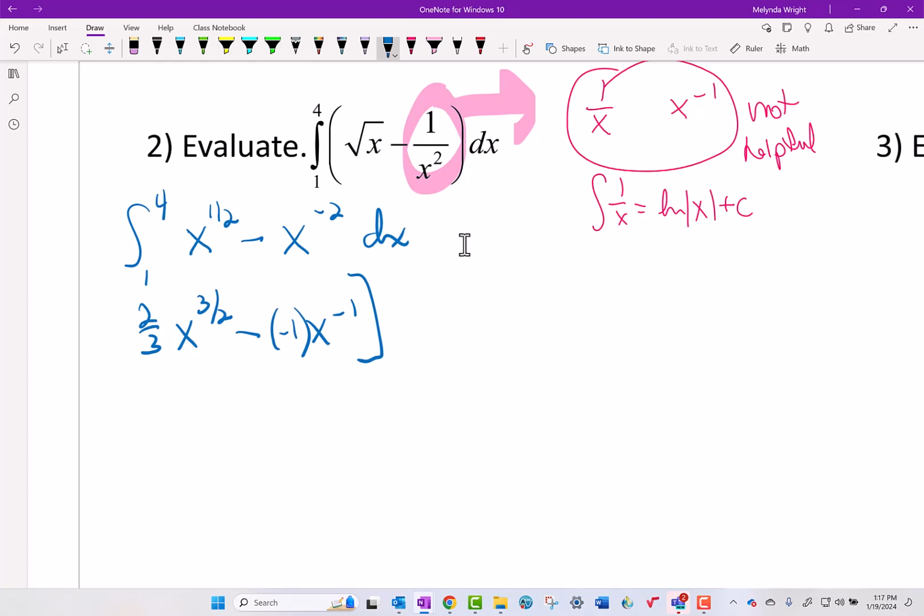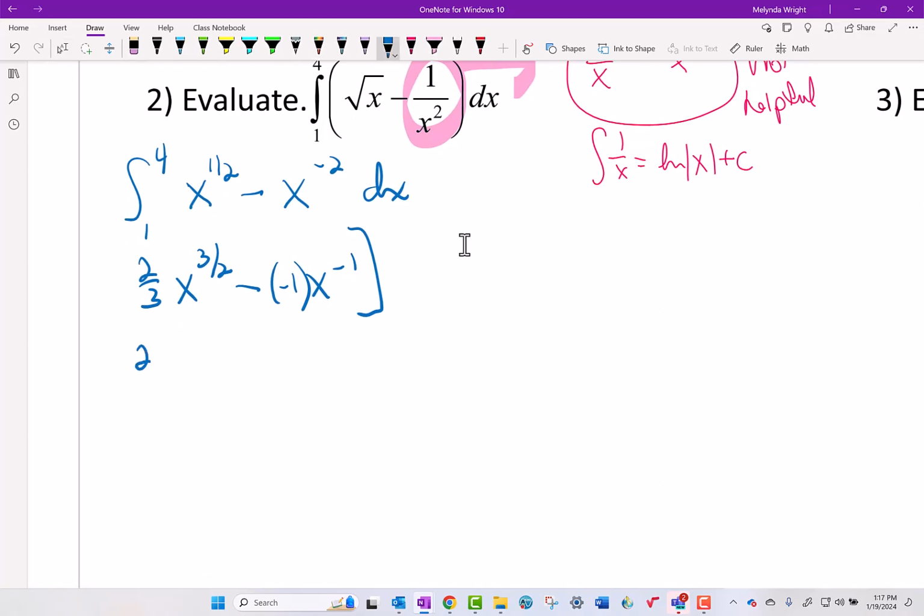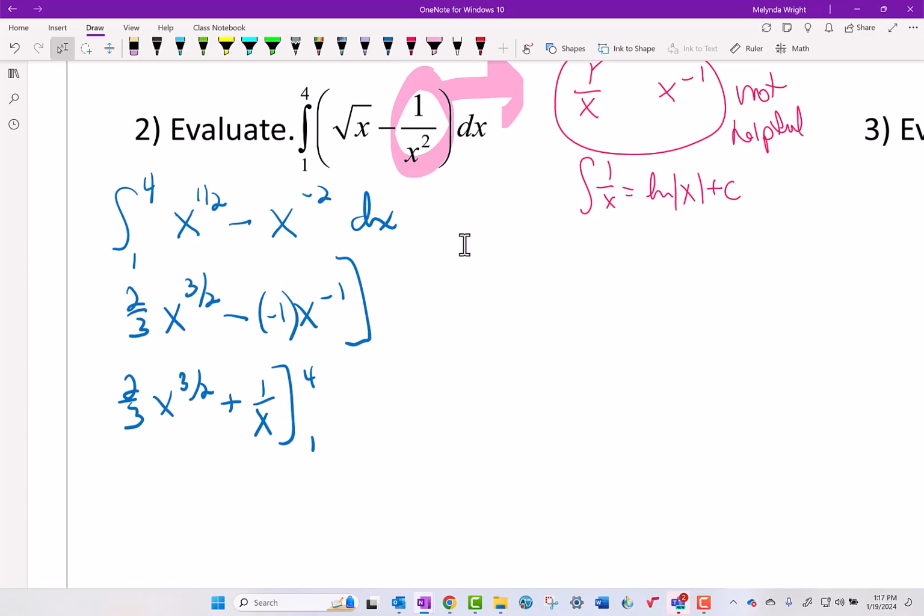I'm going to rewrite that to be 2/3 x to the 3/2, because I'm getting ready to plug numbers into it. Minus and minus is plus, and I'm going to write that as 1 over x. It's going to be easier for me to plug numbers into it, and I've got a 1 and a 4 there. Okay, so I just rewrote it to make my life easier.